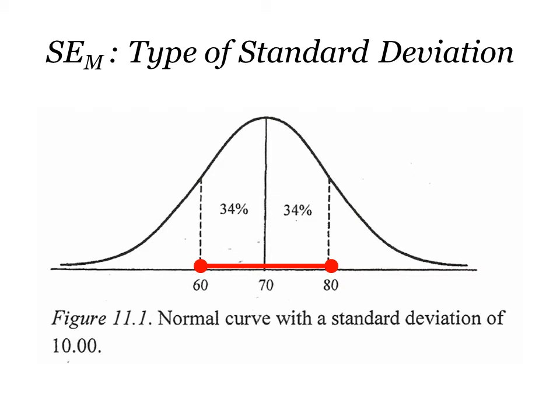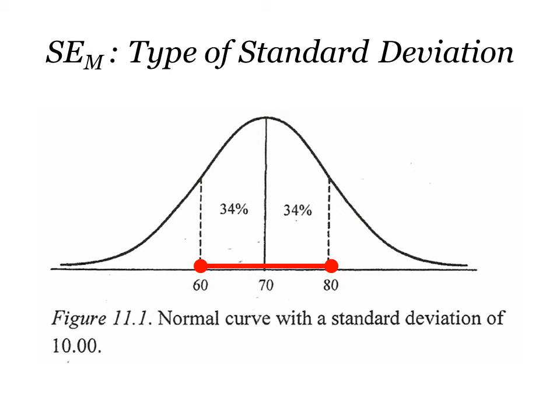Now, the standard error of the mean is a type of a standard distribution, and if you remember back from the study of standard distribution earlier in the book, in section 11, you would recall about 68% of the cases in a normal distribution lie within one standard deviation unit of the mean.